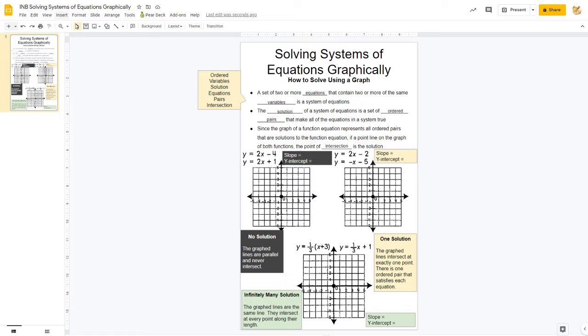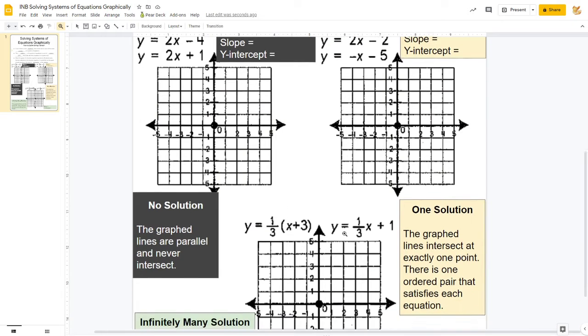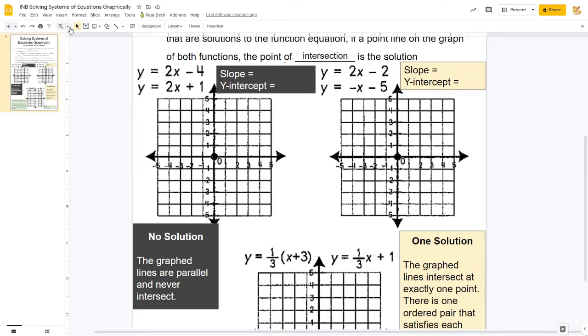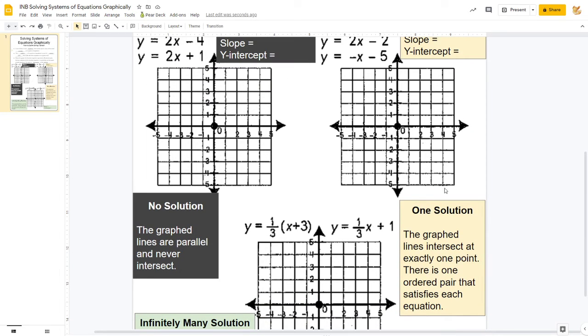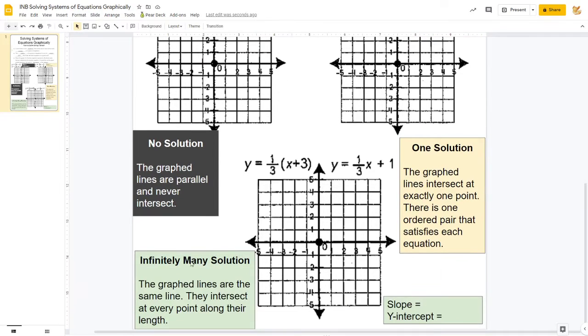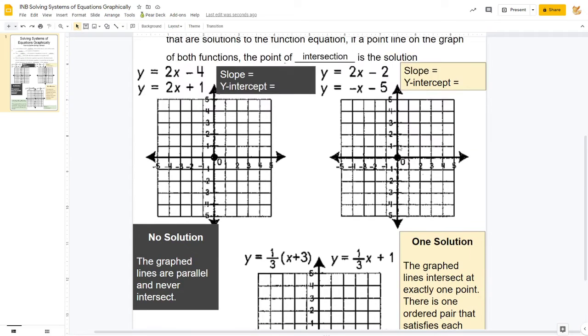If you look down here, let me zoom in so we're just focusing down here. There we go. I mean, that's a little too close, but that works. You will see we have three different graphs. One graph shows one solution, one graph shows no solutions, and one graph shows infinite solutions.